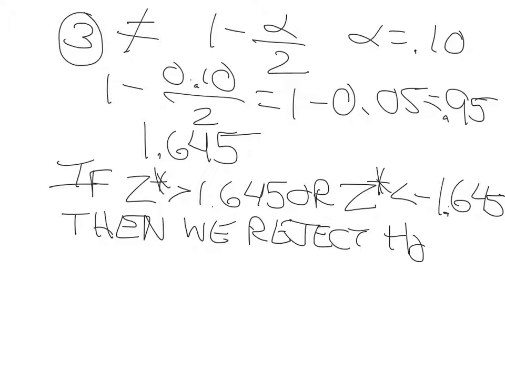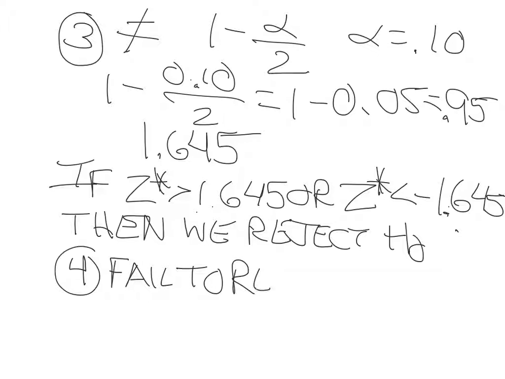All right, so our test statistic was the 0.762. So it's not greater than 1.645. It's not less than negative 1.645, therefore we will fail to reject. Which is good. We want those components to fit nicely. Okay? Good job. All right, let's go on to the next problem.